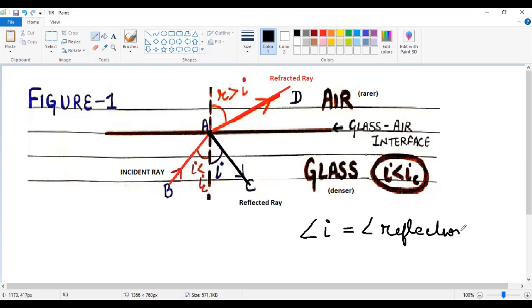So in figure number 1, angle of incidence will be equal to angle of reflection.